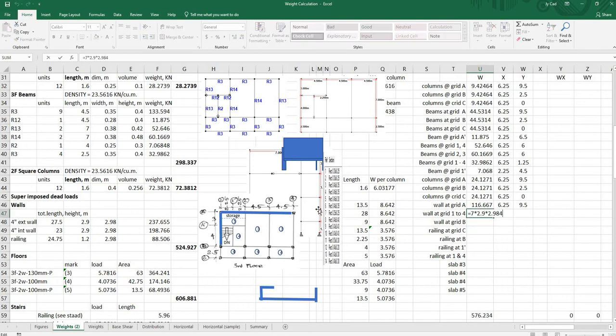Times 4. So that is 1, 2, 3, 4 units. Its centroid would be 6.25 and 2.5 plus 3.5. So that is 6 meters.